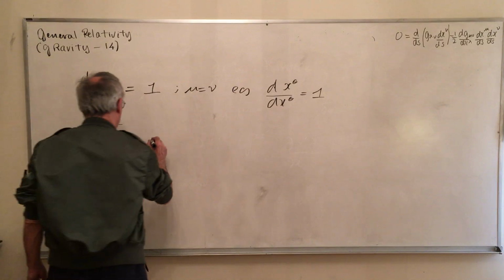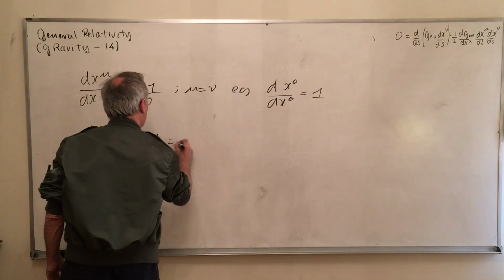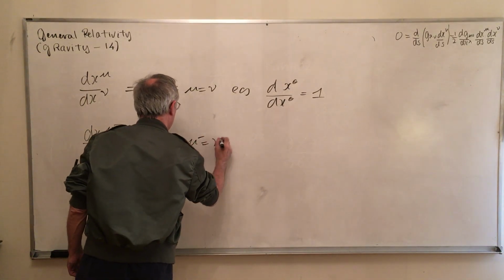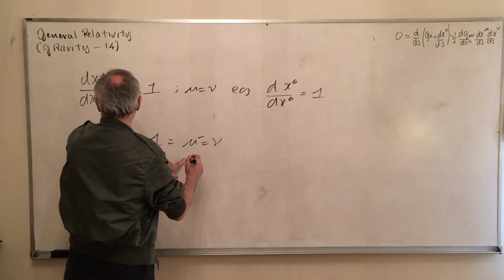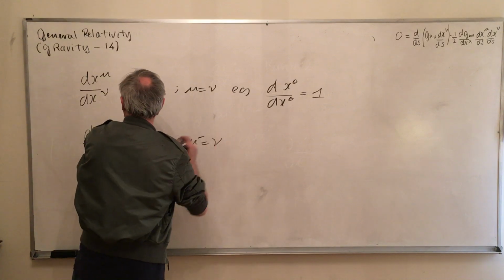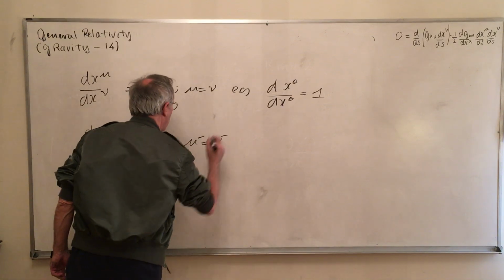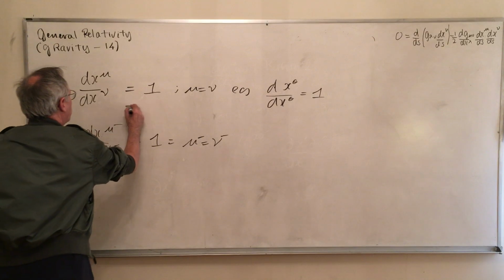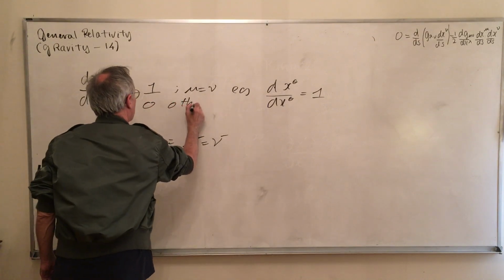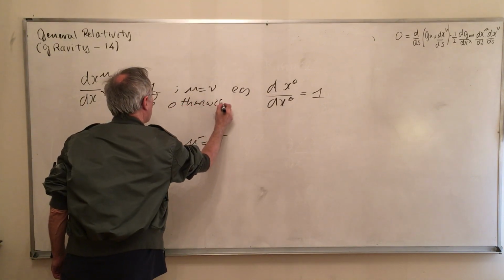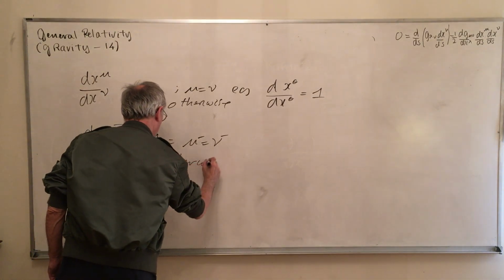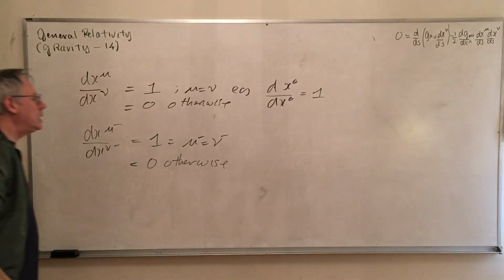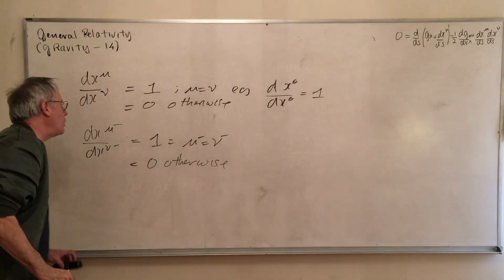And this one here, when mu dash equals nu, okay, hold on, dash, it's also equal to 1. So it's equal to 0 otherwise, and what is that? Well, we know what that is.